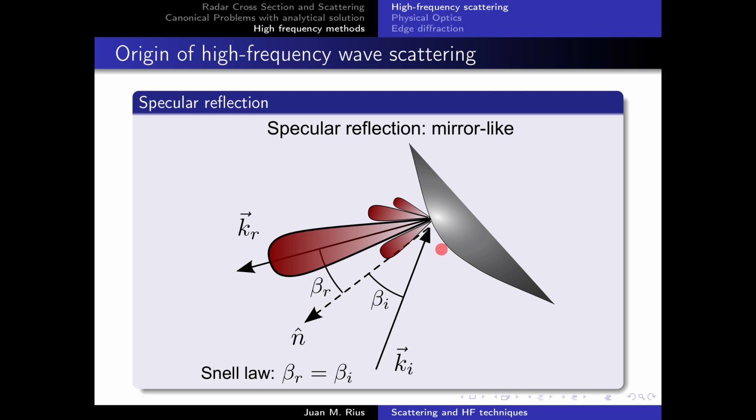Of course, the unit normal will change from one point to another if the object has curvature, and we have to do this analysis at every point. So we have a reflected ray following Snell's law at all points in the surface.